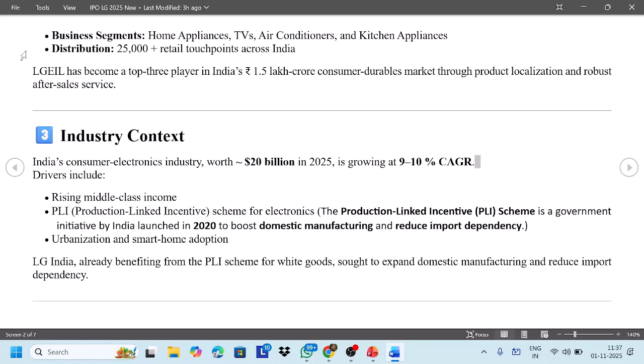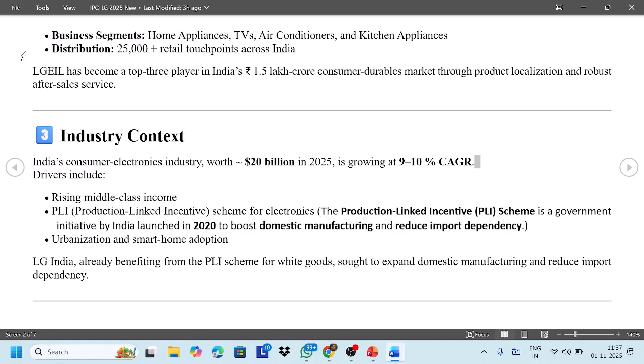The drivers include rising middle class income, the PLI, production linked incentive scheme for electronics. The production linked incentive scheme is a government initiative by India launched in 2020 to boost domestic manufacturing and reduce import dependency, urbanization, and smart home adoption. LG India, already benefiting from the PLI scheme for white goods, sought to expand domestic manufacturing and reduce import dependency.